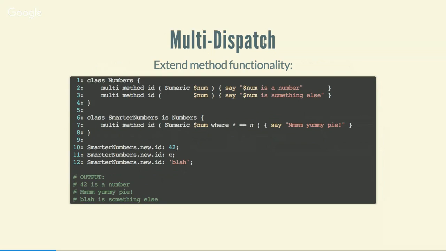And in the signature, you can actually specify a where clause without explicitly declaring a subset. And we only wanted to match number pi. And from the output, you can see that depending on which number you specify, different multi gets called. And basically, we extended what method ID does without ever touching the original class.